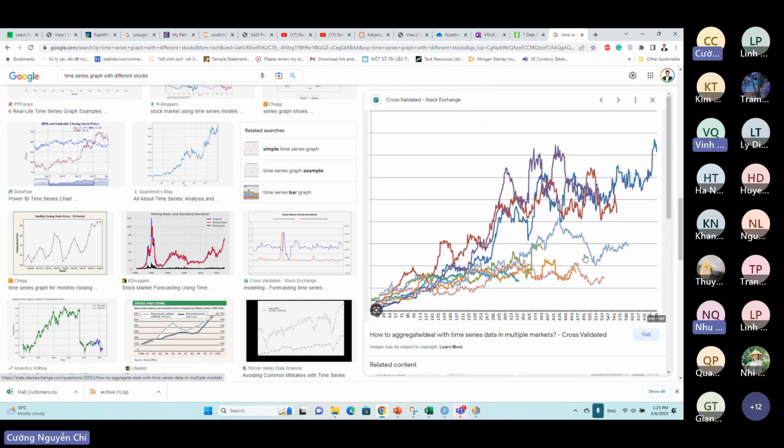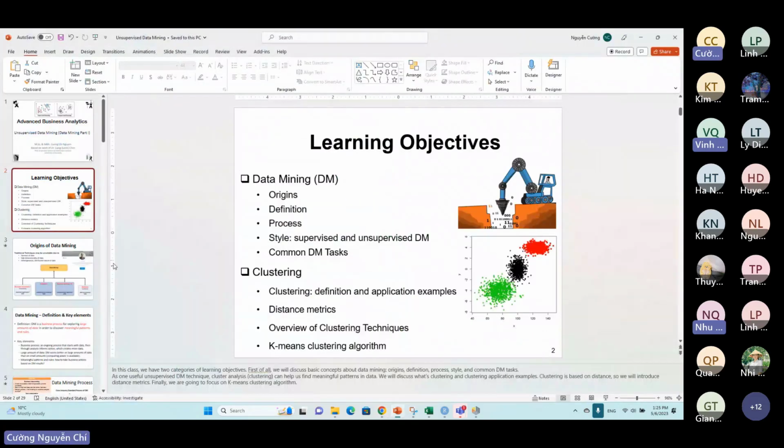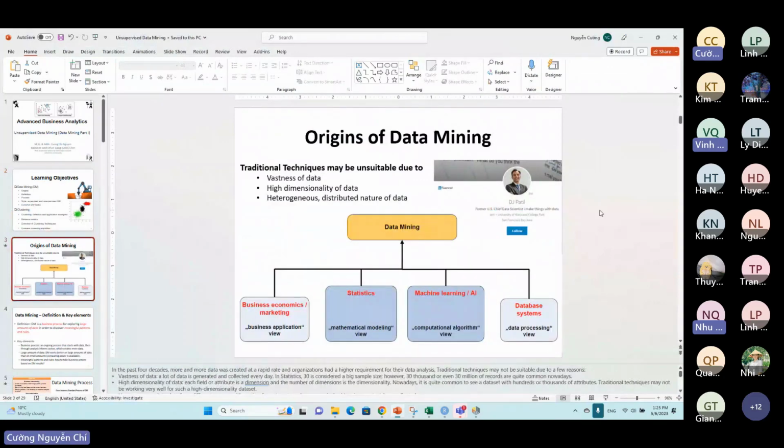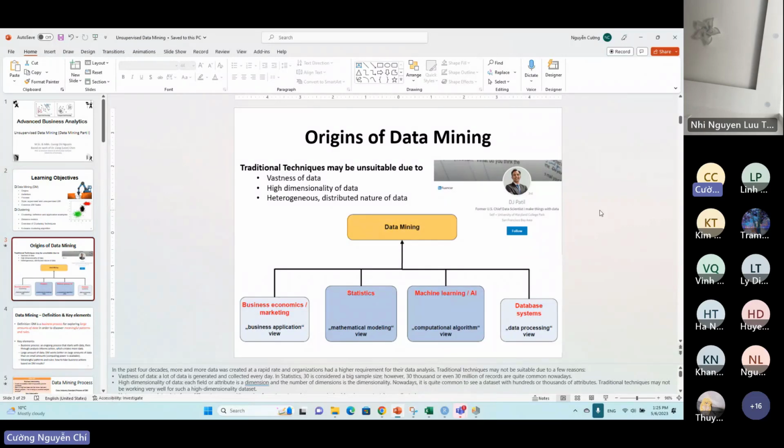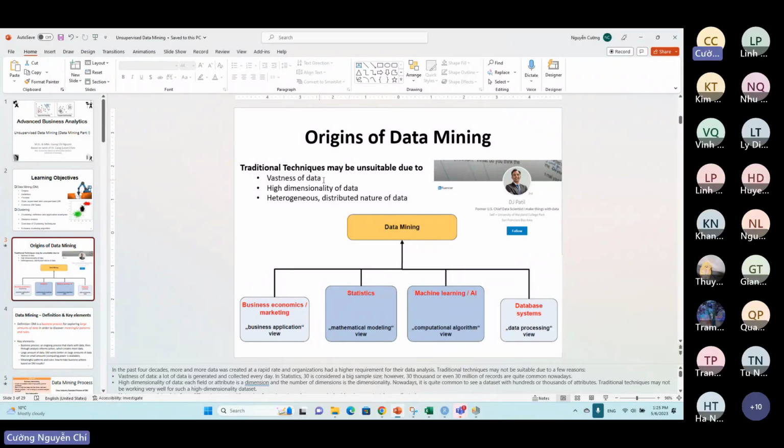So this chart would seem super long, super big and super complicated, with 100 different chart lines. This is one of the big disadvantages of the traditional techniques in data analytics, like data visualization, when you have a vastness of data.